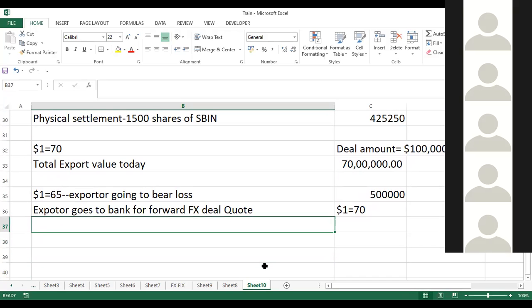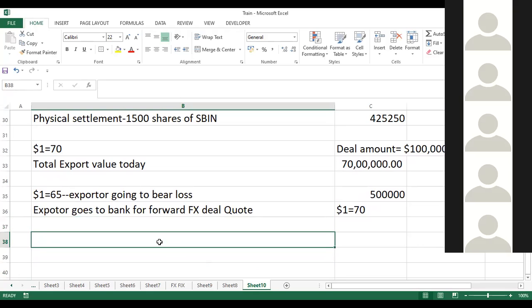So what does the bank do? If you look in the background, the bank borrows the money which they are obligated to pay from the money market. Why the money market? Because the money market is a short-term market.